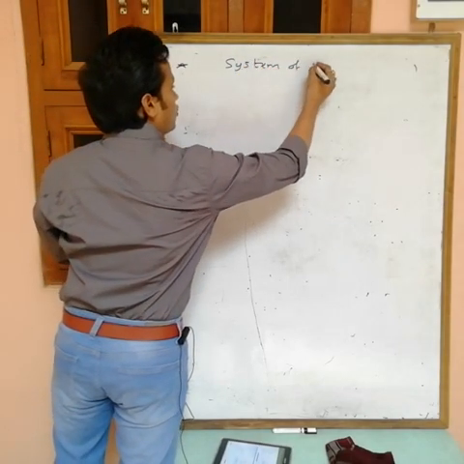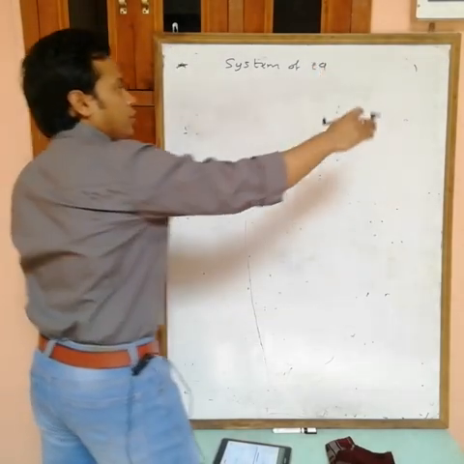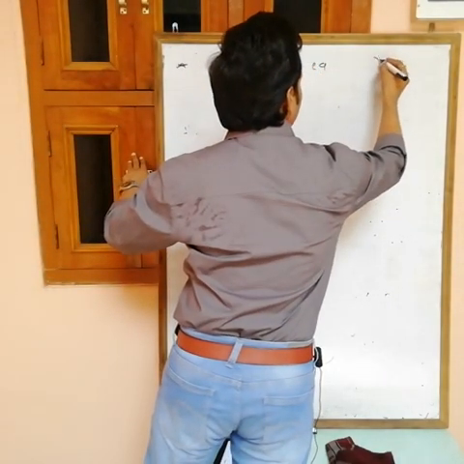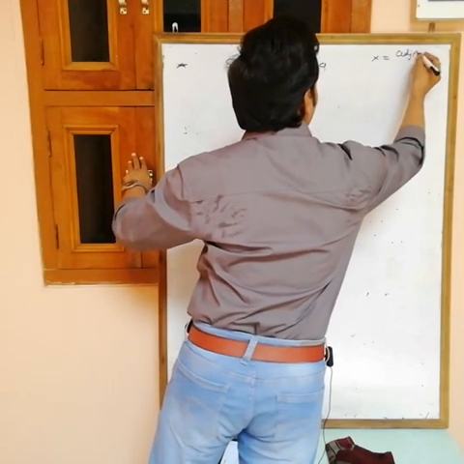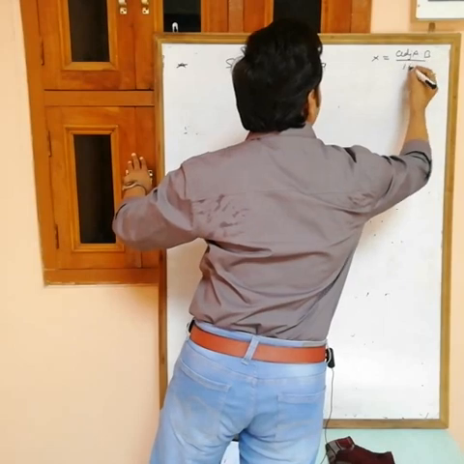What we have is a system of equations. And here the value of X is adjoint of A into B by det A, that we are getting.